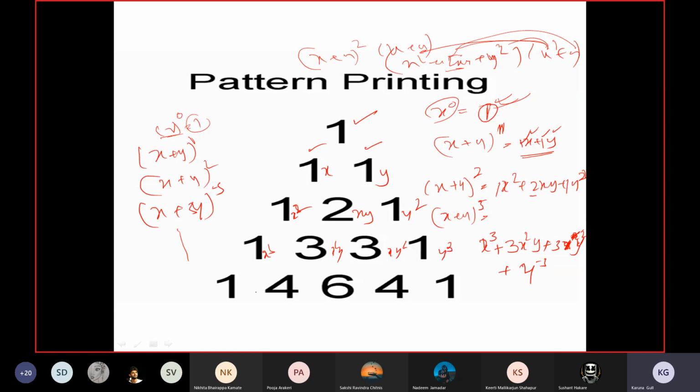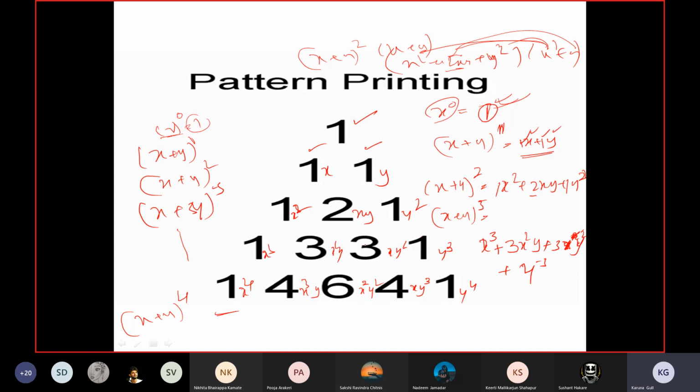Is it okay? This is nothing but the expansion of x plus y raised to 4. If you want me to write that: x raised to 4, x cube y, x square y square, then x y cube, then y raised to 4.